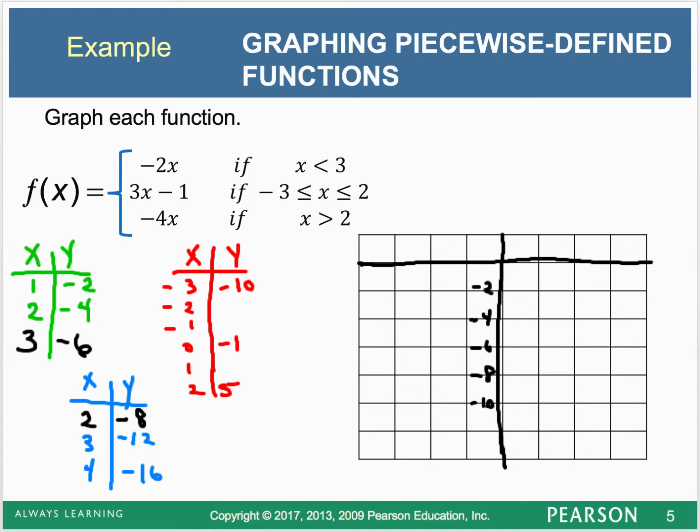These points: 1, negative 2. 2, negative 4. And then 3, negative 6, but that's a hole, right? An open circle. Now, this is for everything less than 3. So that's what tells me I need to draw my arrow this direction.